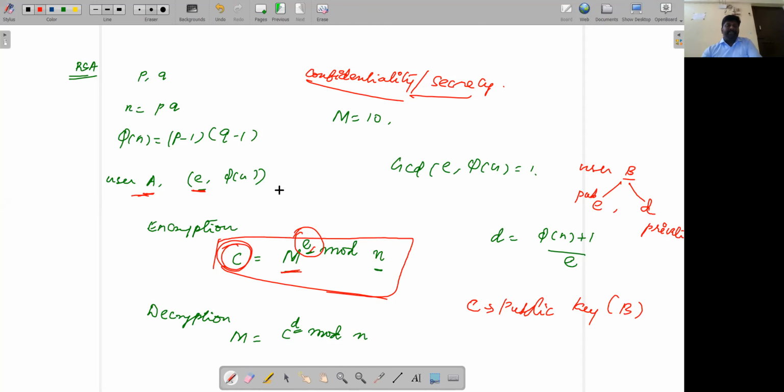Now the ciphertext is transmitted to the receiver, who needs to decrypt the data with his own private key.